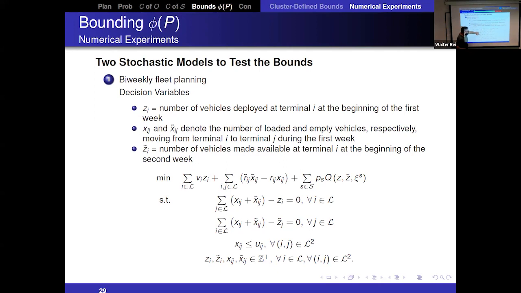These are the flow conservation constraints at the different locations, for the beginning and for the second week. And here you're simply stating that the number of loaded vehicles that are sent is less than or equal to the demand of flow to be sent between 2 locations. Okay, so this is the first stage.